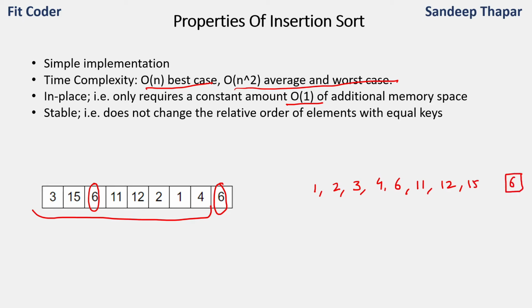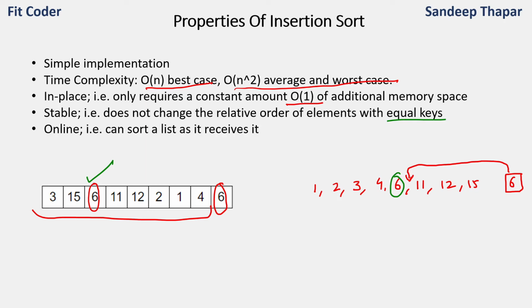When we're trying to place 6, we'll find the correct position of 6 is after this first 6, which means this 6 which was occurring before is also occurring before in the sorted array. So when the keys are the same, this algorithm preserves their relative order. So that means this algorithm is stable.